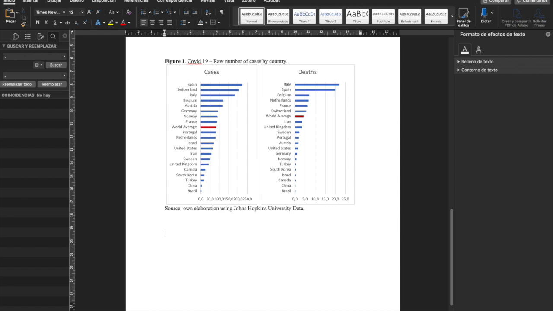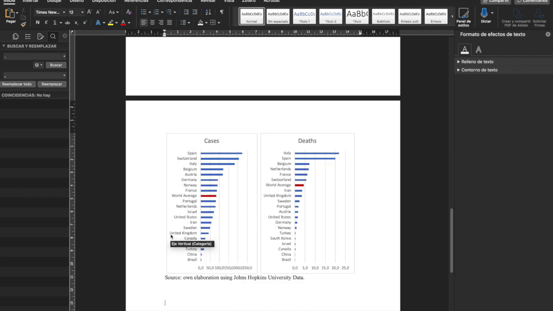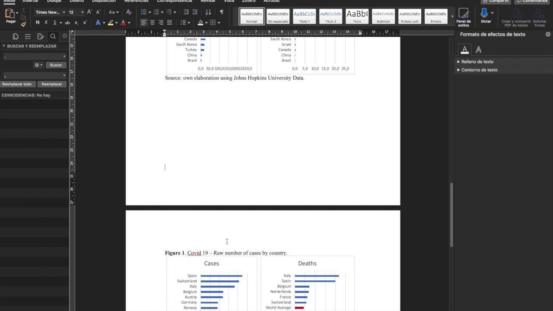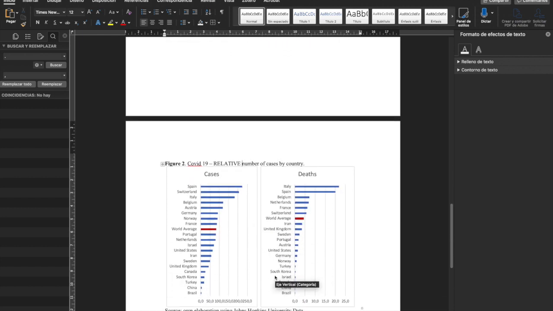I can just copy here and paste below. And then here I can put relative number of cases by country.